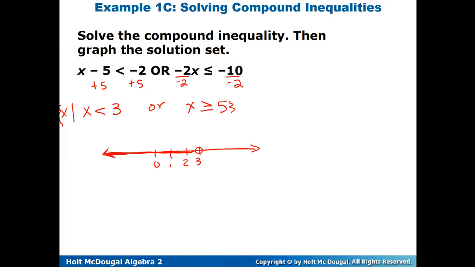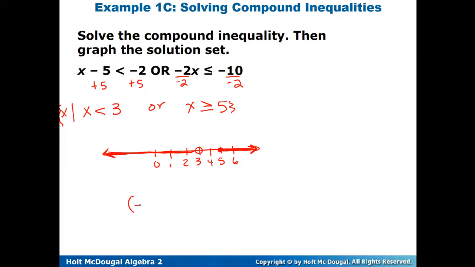All right, and it says that x is greater than or equal to 5. So let's put that in. Here's our 5. It is equal to or greater than, so I color that in, and there's my arrow. And if we wanted to write that in interval notation, we would say negative infinity.